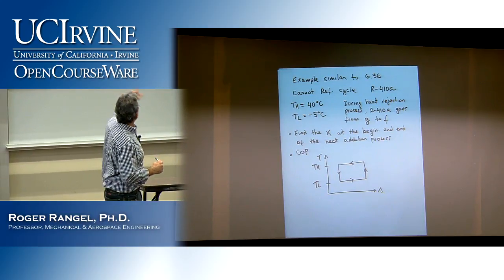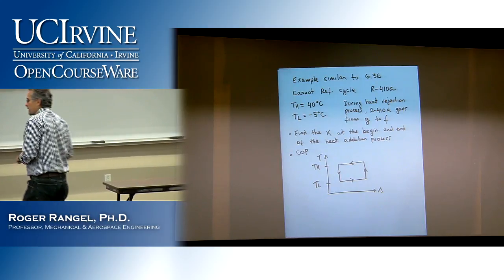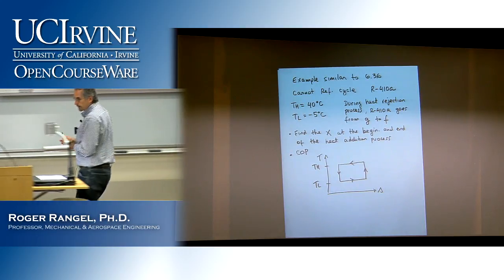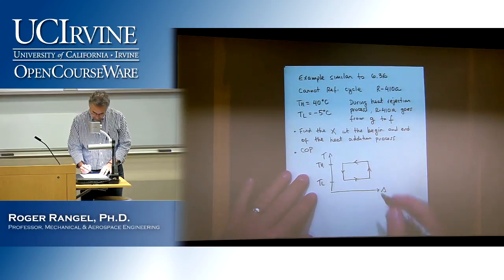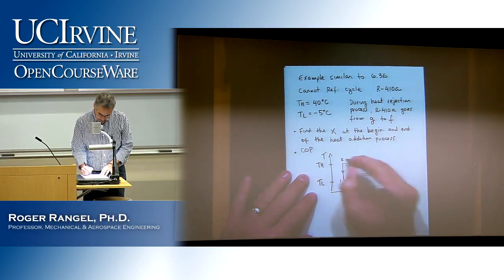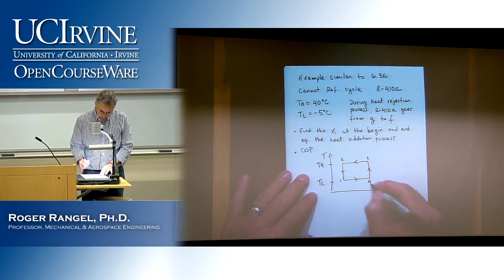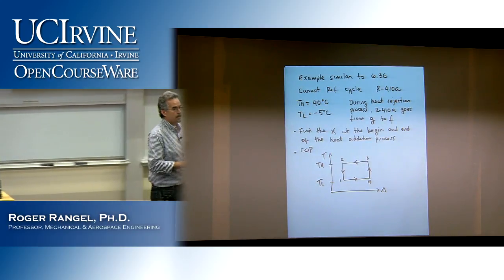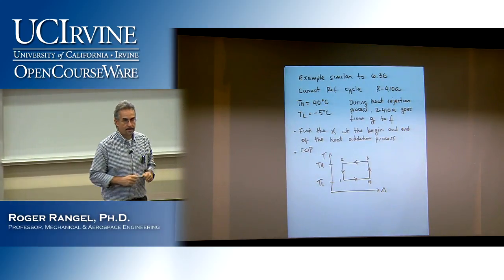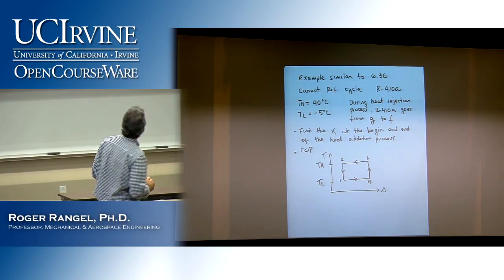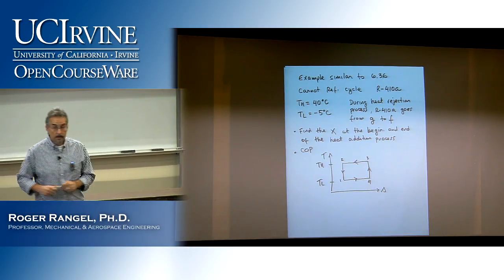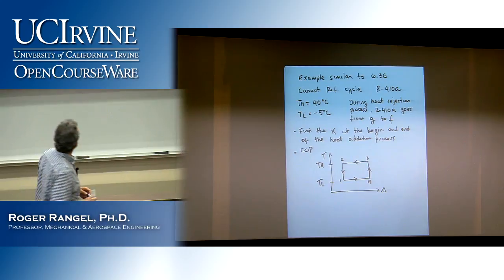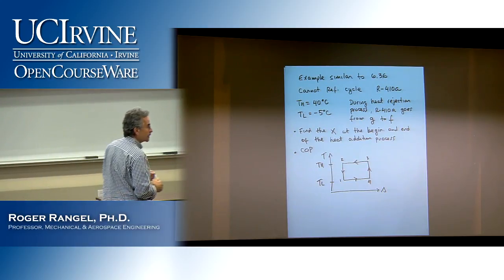Which of those four processes, let's label them with numbers, 1, 2, 3, 4. Which one of those four is the heat rejection process?